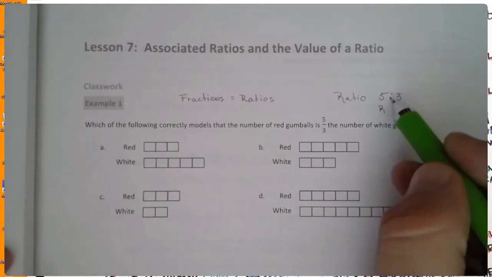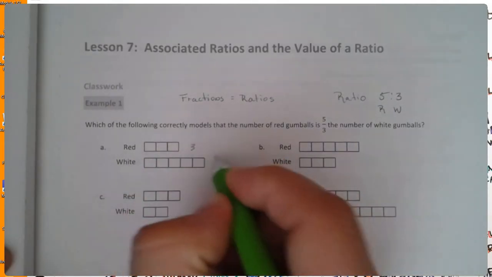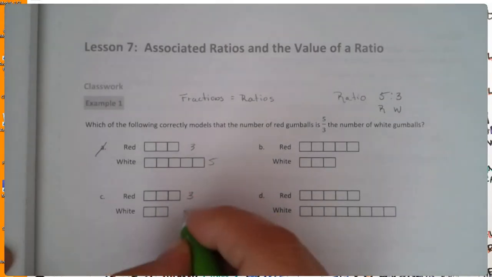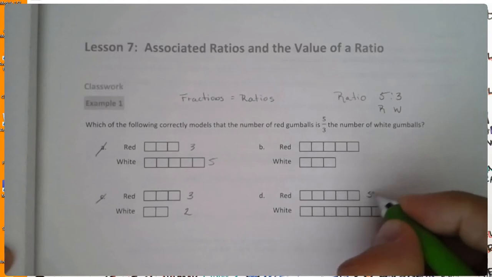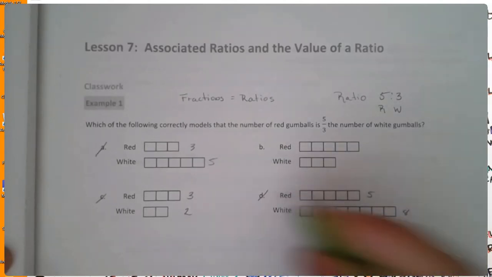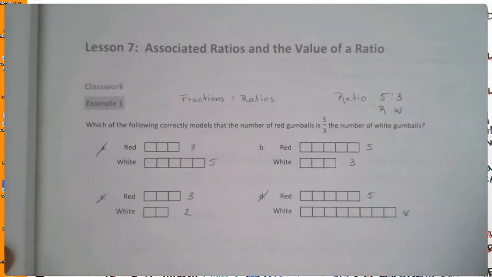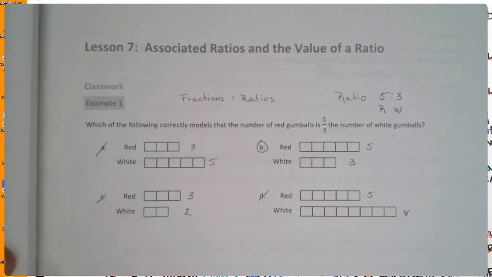Red's got to be more than white gumballs. This one says it's 3 to 5, so A is not right. C is a ratio of 3 to 2, so C is not right. D is a ratio of 5 to 8. That's not going to be correct. So we're looking at red gumballs being 5, white gumballs being 3. There's our ratio of 5 to 3. So B is going to be our correct answer.